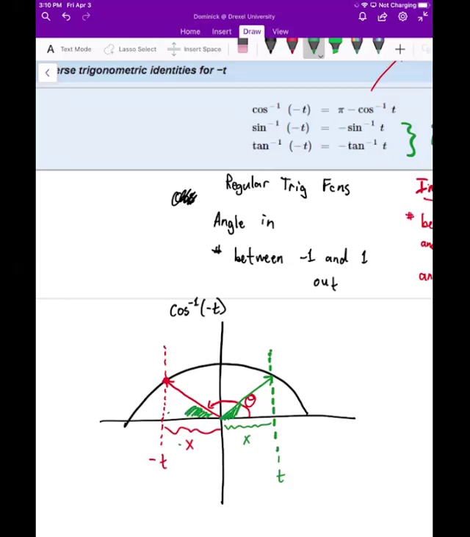And we know that if I take theta and add it to the green one, which maybe I'll call alpha, theta plus alpha has to be 180 degrees or pi radians. So that means that alpha, the green angle, would have to be pi minus theta. But we're calling theta the inverse cosine here, so this is just pi minus the inverse cosine of t.